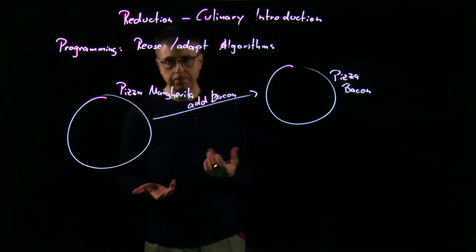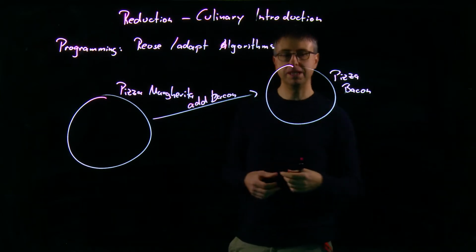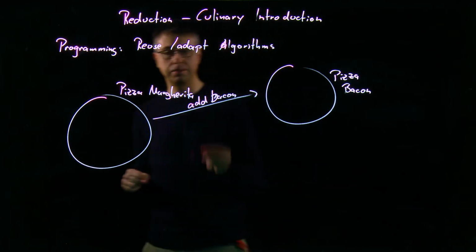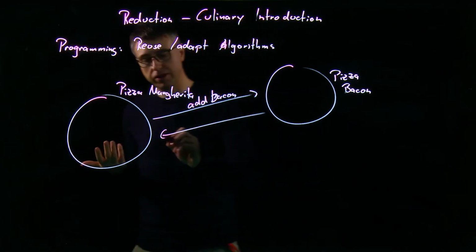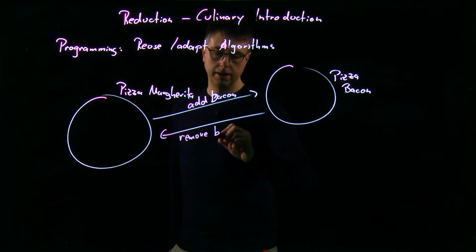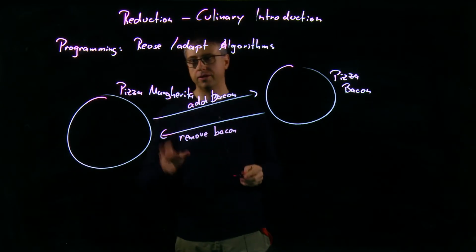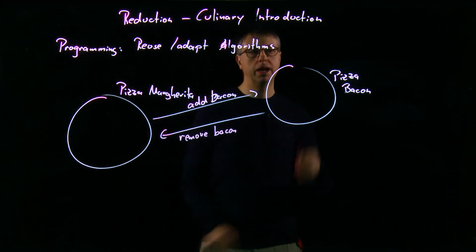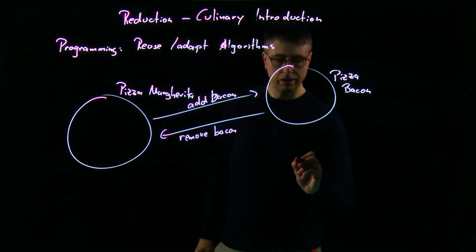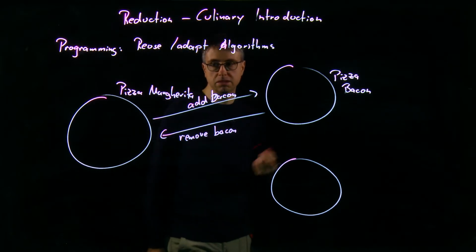On the other hand, if you, for some reason, have pizza bacon, you bought it in the shop, but you would like to have pizza margherita, you can remove the bacon. So once you have this, you can derive this one, and if you start with pizza bacon, you can derive pizza margherita.